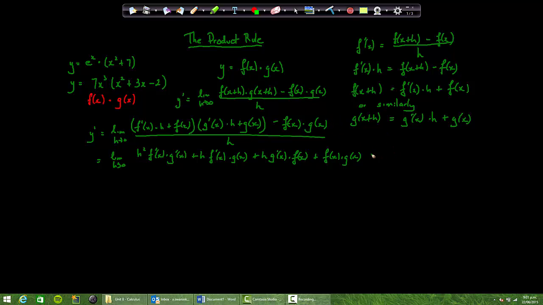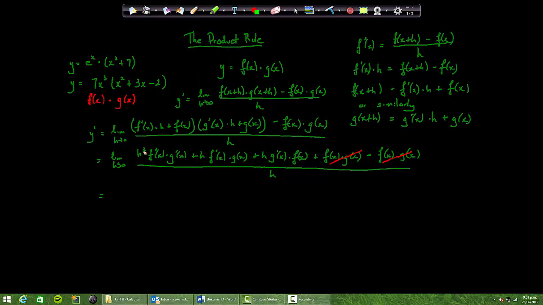Take away now our original function, and all of this over h. Let's cancel the obvious two things which are the same, one positive, one negative. Notice also that h appears throughout the rest of that top line now, so we can take h out as a common factor.